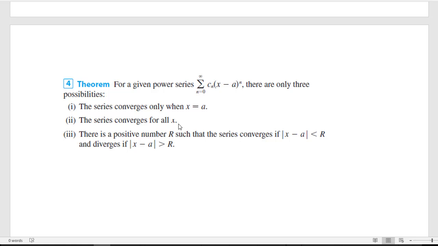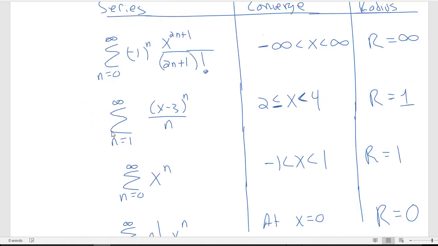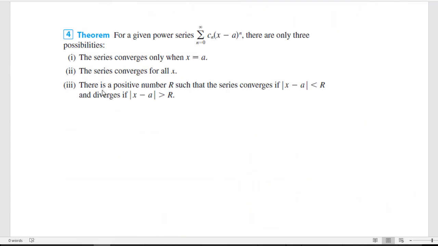And then the middle ground was the couple examples that we saw where we had an interval. We had x minus 3 to the n over n, with a finite interval of 2 to 4, and then x to the n was that geometric series from -1 to 1. Those examples illustrate the general conversation in number 3.